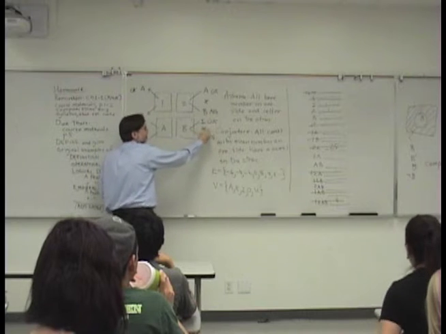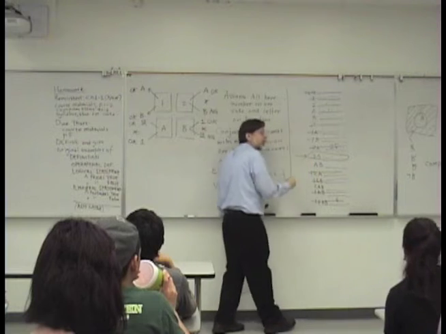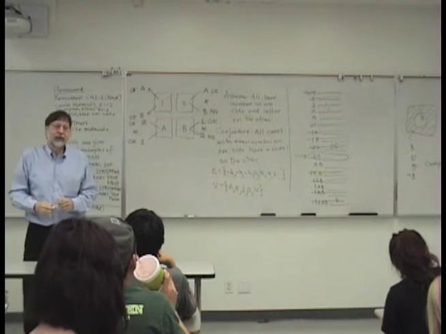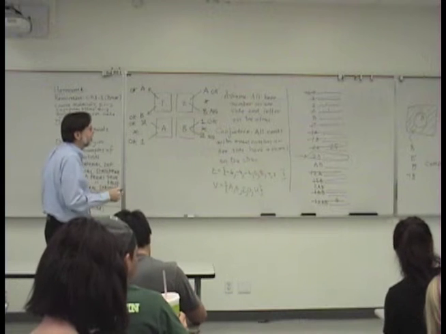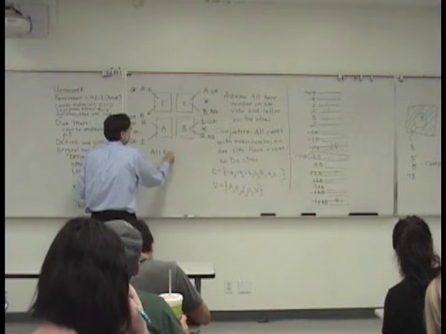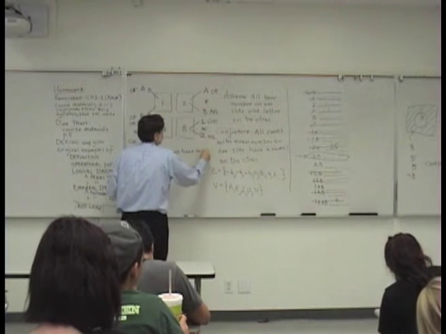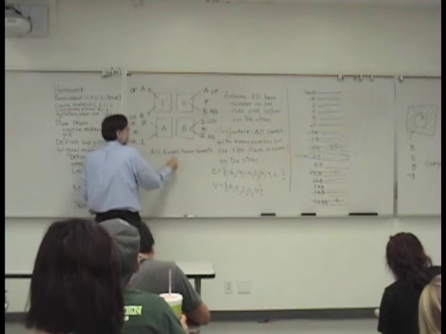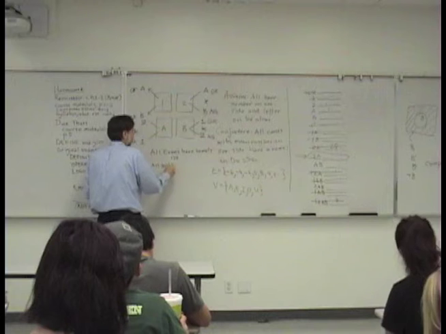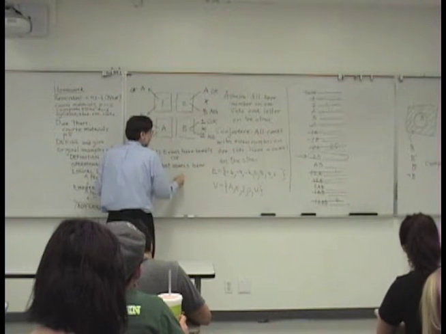So this is a test. Remember to be or not to be? The answer was to be in this case. Now, you could have also learned that by saying, if you think to yourself, all evens have vowels, that's the same as all not vowels have not even.